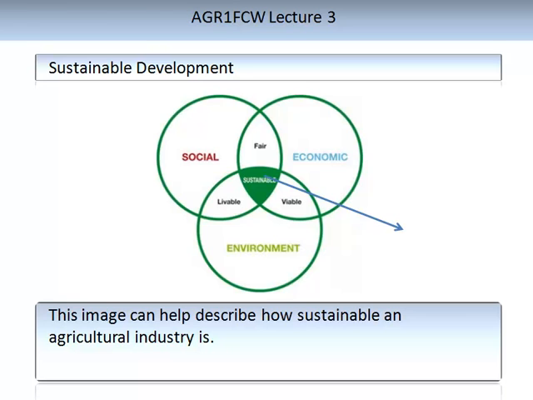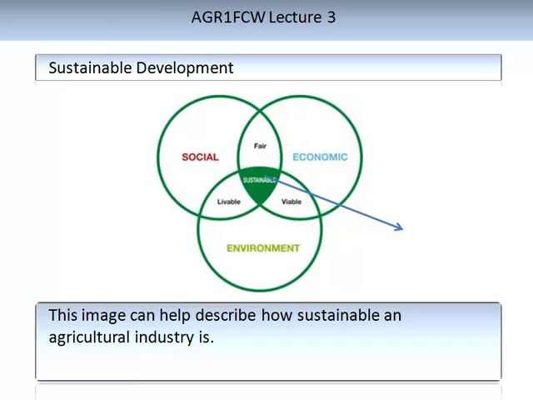As you know, there will be some industries that adhere to all of the components of sustainability, but many won't. The components of sustainability are in fact a very high bar to attain. Some industries may be quite economically viable, be reasonably fair to the social entity, but not very environmentally friendly. In this case, they would sit above the centre of the sustainability image.